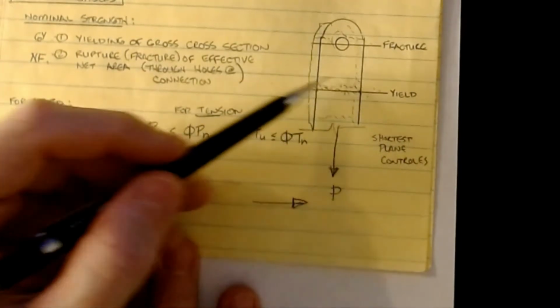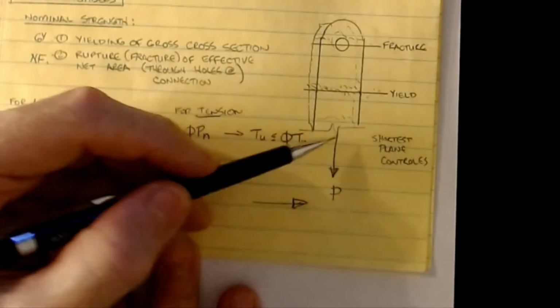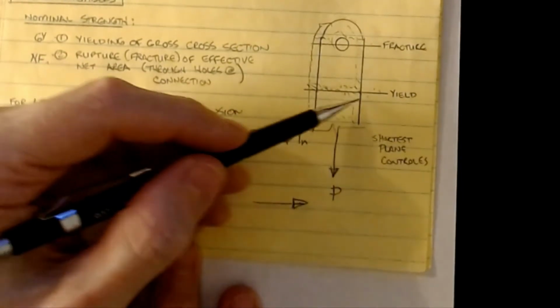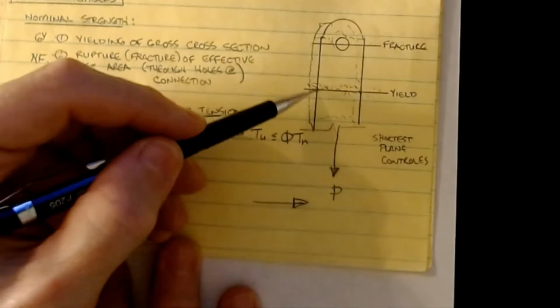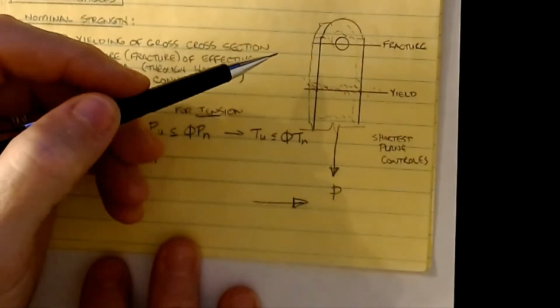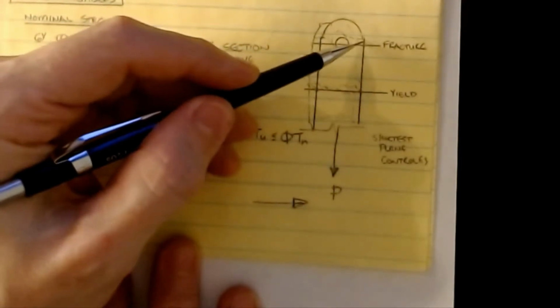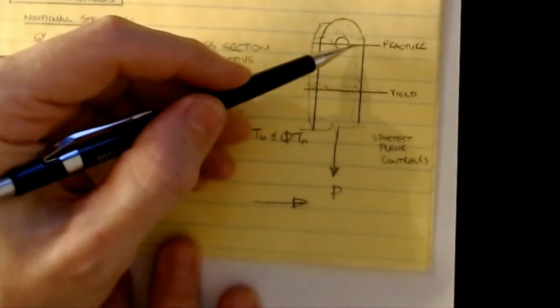Okay, so we're going to look at the yield criteria on the gross section, if you will. So this would be the width of the bar times the thickness of the plate if this were just a flat bar. Okay, the fracture location occurs on an area that is a reduced area from the gross.